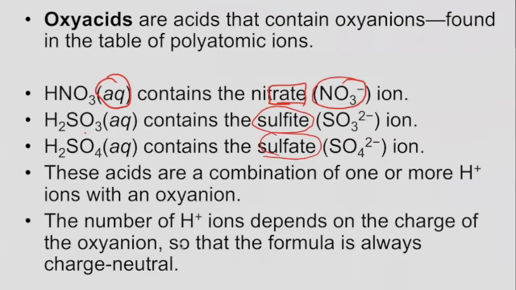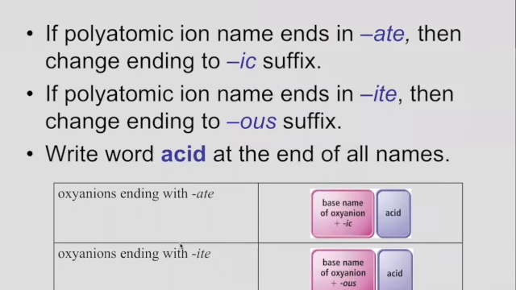So if that oxygen is part of a polyatomic ion that ends in ate, we are going to change it to ic. For example, HNO3, this is nitrate, right? So we're gonna call it nitric acid. Okay?